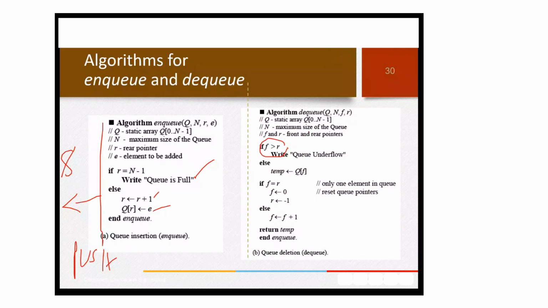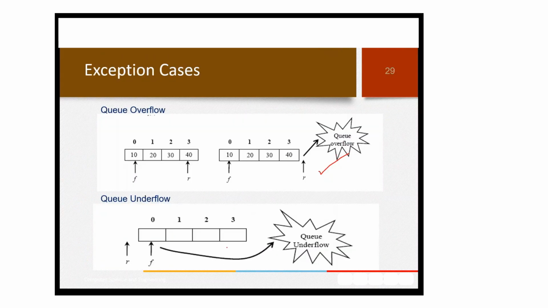So when F is greater than R, actually, F will not cross over R at any point of time, which means F cannot be greater than R under any circumstances. F will follow R. When F reaches R, it's reset. So that's the beauty of this initialization.